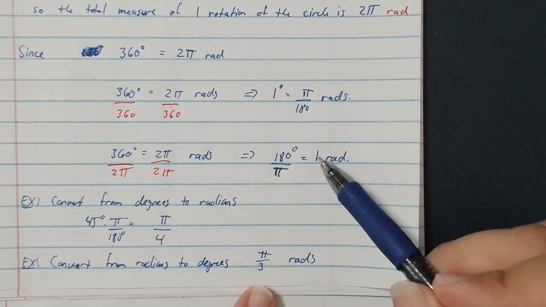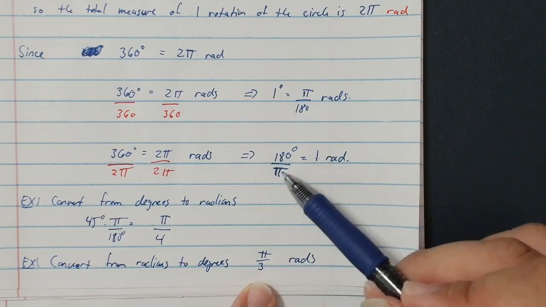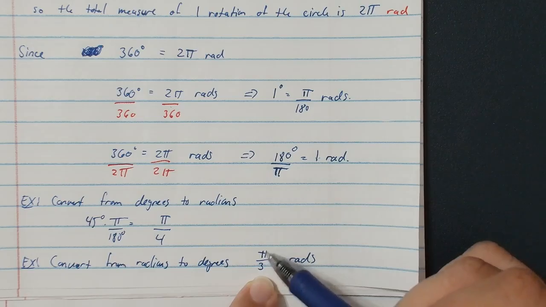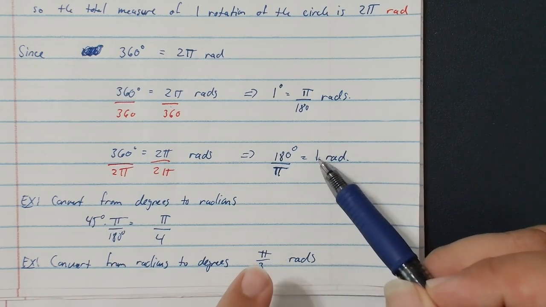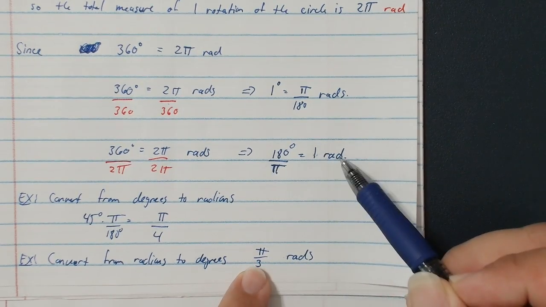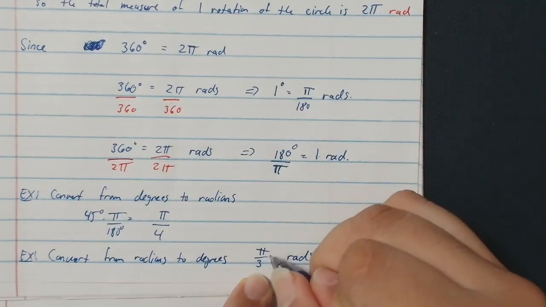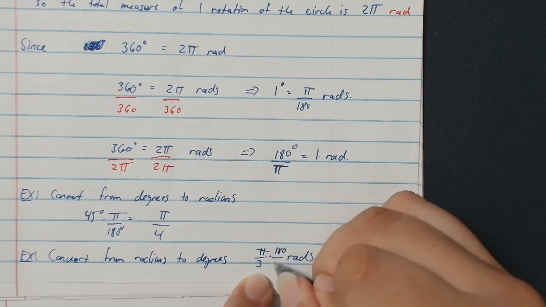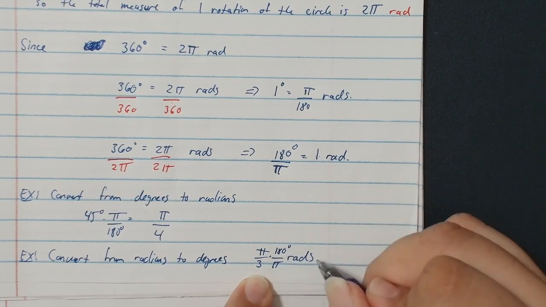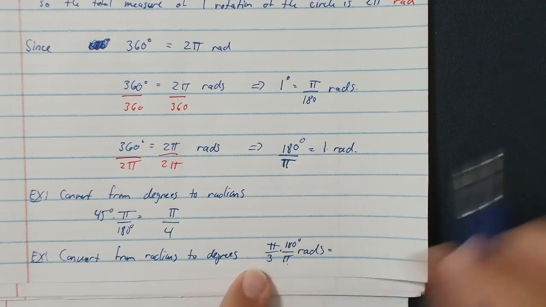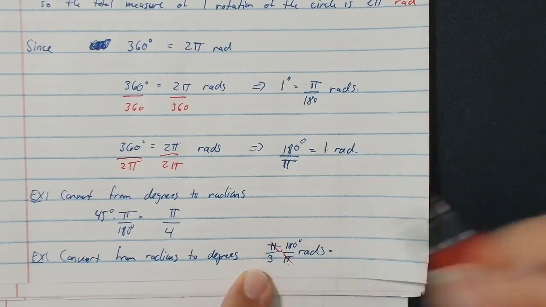Okay, well, 1 radian is equal to 180 degrees over pi. So if I'm going to convert this number of radians, well, if I multiply this by pi thirds, I get what I want, which means I have to multiply this by pi thirds also. Okay, so multiply that by pi thirds. Here I end up with the pi's cancel out, and I get 180 over 3. That gives me 60.